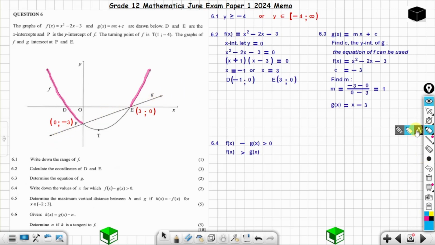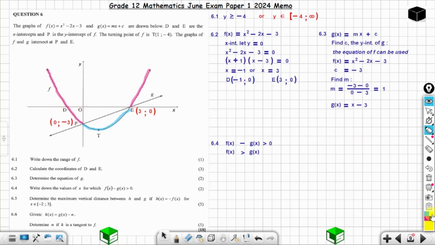On this part, f is below g. At the point of intersection, f is equal to g. You don't have equal, you only have f greater than g.